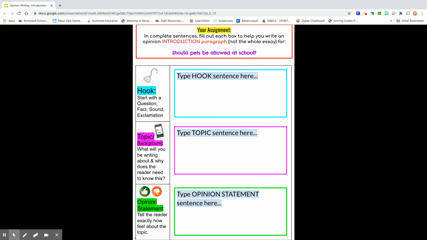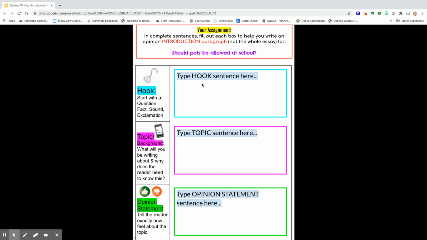Now, I know we've already done some reasons and some evidence about why pets should or should not be allowed at school, but this is, again, only the introduction paragraph. So I want you to write your 3 sentences for what you've already established as should they or should they not be allowed at school. And I want you to think, what would be your hook sentence? Do you want to start with a question, a fact, a sound, or an exclamation sentence?